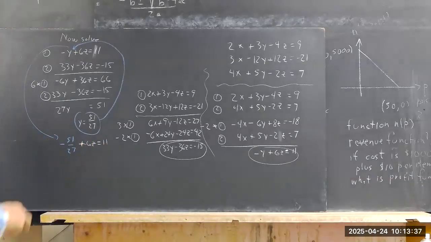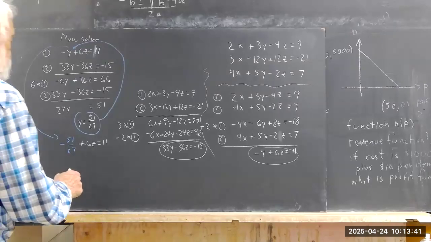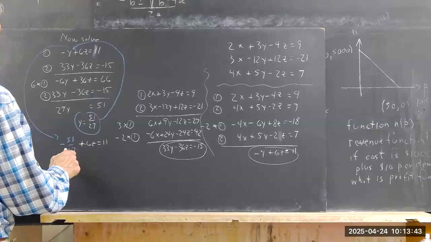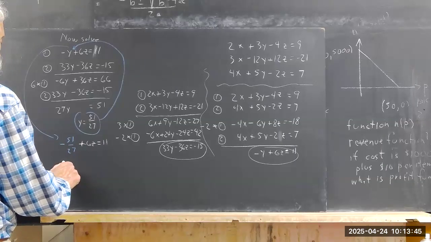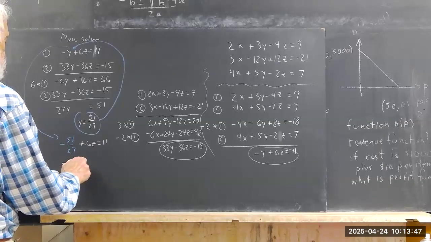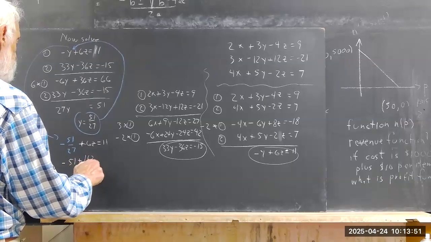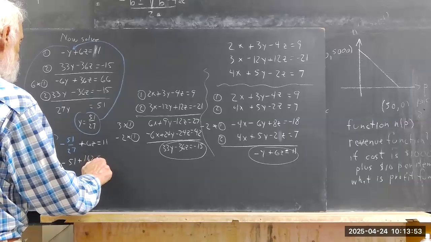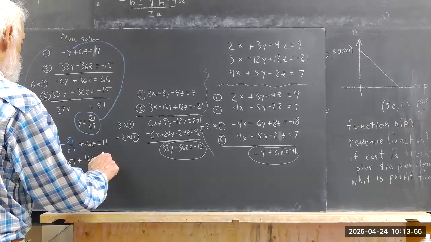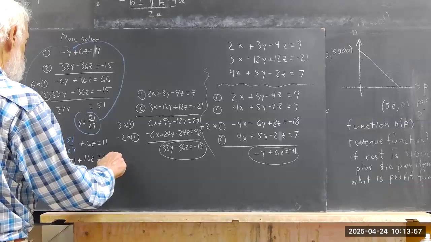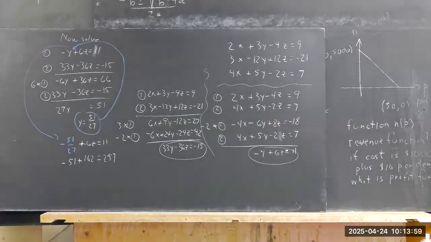We multiply both sides by 27, which is going to give us pretty big numbers. That's 162, I think. And that would be 297 if I do my multiplication right.